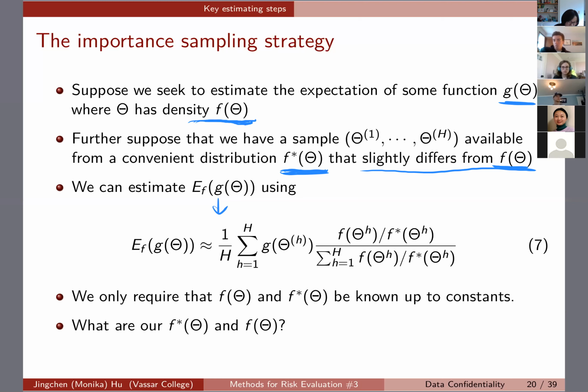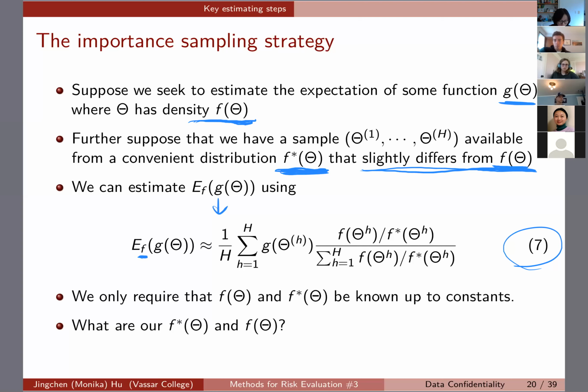Okay, but we could have a convenient distribution that is slightly different from f(theta). So once we have all of this pieced together, we're able to use equation 7 to approximate the expectation of g(theta). So that's why we're taking the expectation with respect to the density of theta here. So that's why it's a small f. Okay?